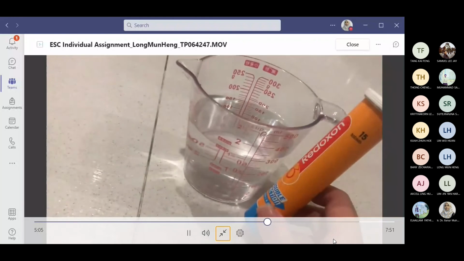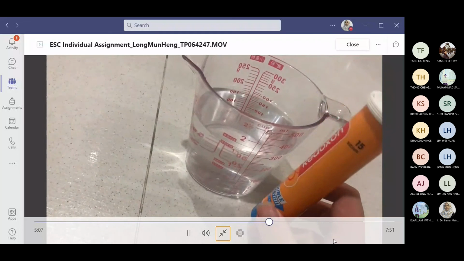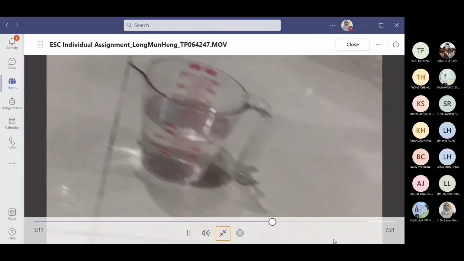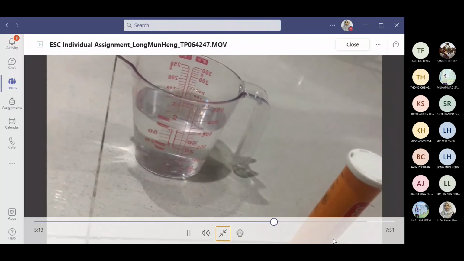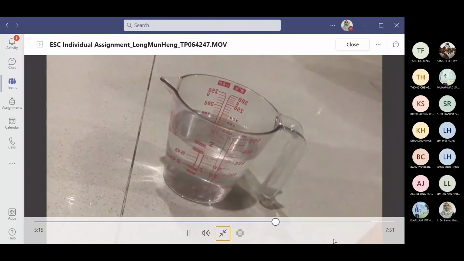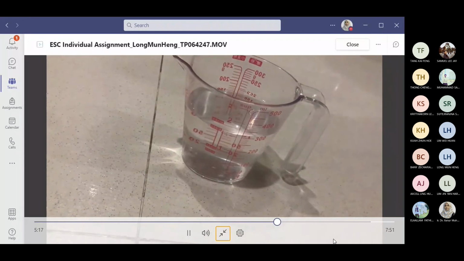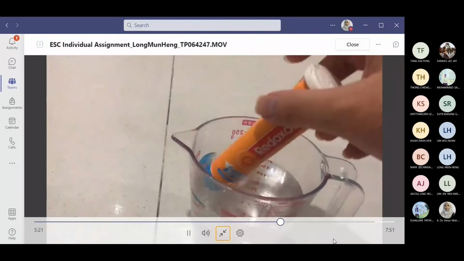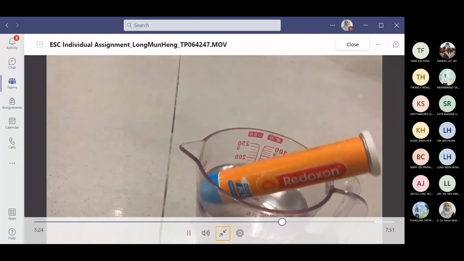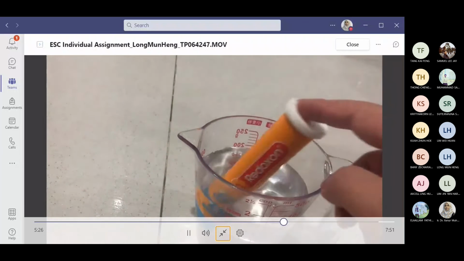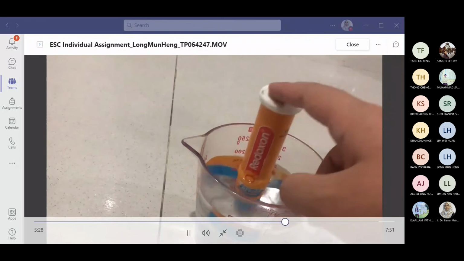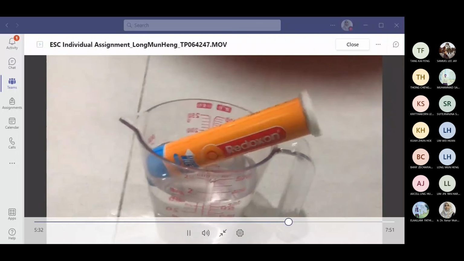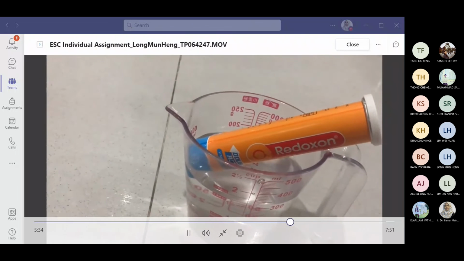It will not really affect the experiment, but if we can, we can choose a bottle with a more proper size, which can totally fit inside the water. So let me put this here slowly. Push it with an elbow. So the third experiment is floating.